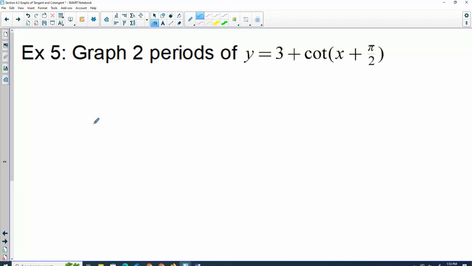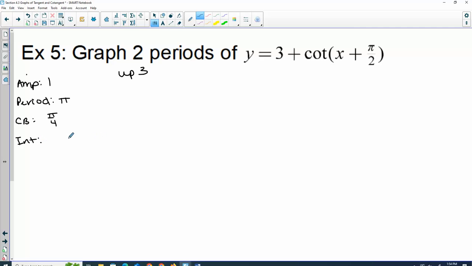What will the plus 3 do? Amplitude, the number in front is just 1. Period, I don't have anything multiplied with x, so that's just pi. Count by is just period divided by 4.